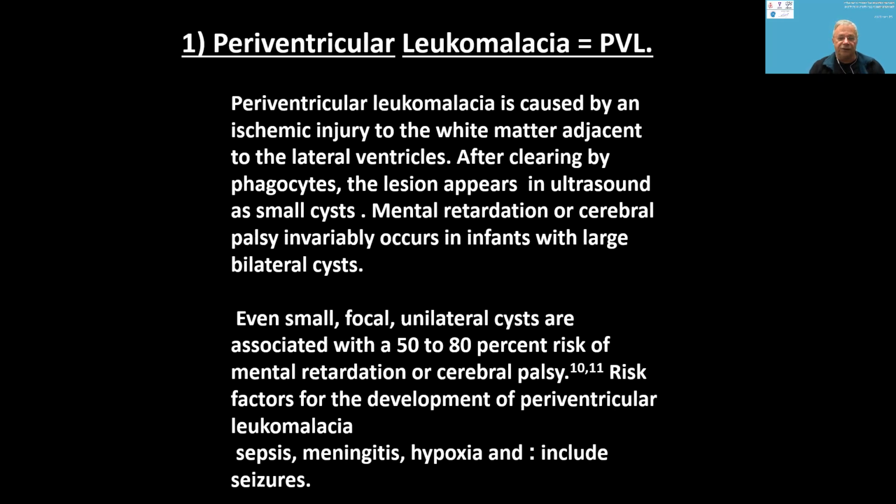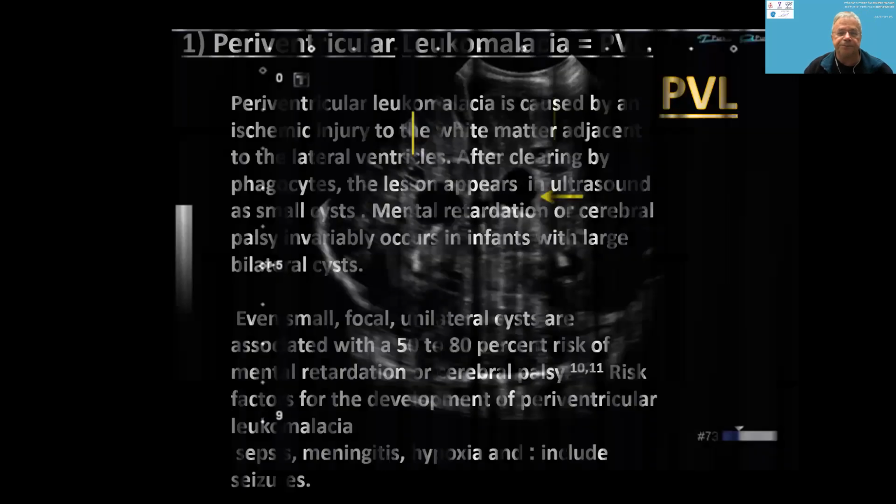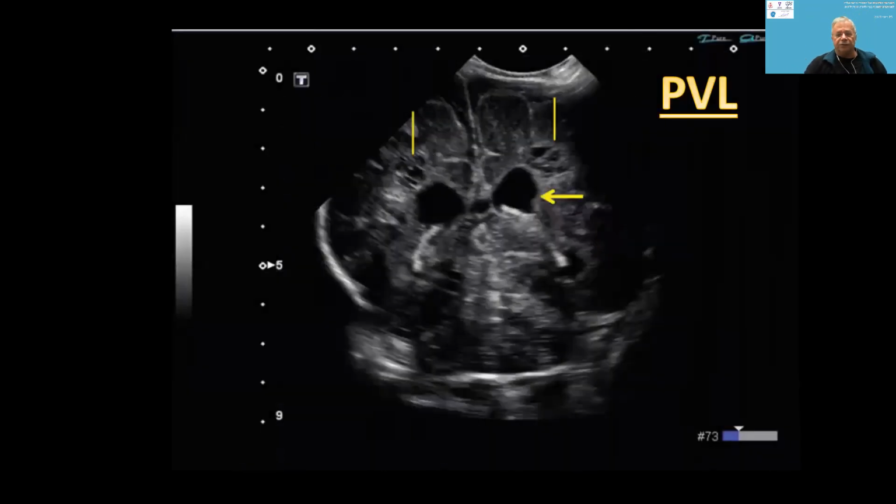Risk factors for development of periventricular leukomalacia are sepsis, meningitis in neonates or children, hypoxia, and hypoxia in the fetuses, including seizures. In ultrasound, we should see them high above the ventricles, or rostral.